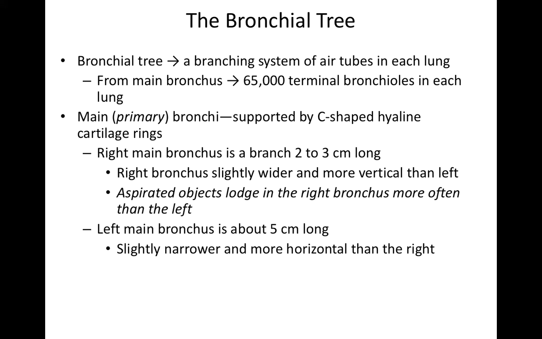So path of least resistance is if you aspirate something down into the trachea, it's going to go right most of the time. The left is going to be longer, narrower, and sitting more horizontal, so it would take more energy for something to move down to the left side. Doesn't mean it can't happen, but more often than not, aspirated things are going to end up in the right.